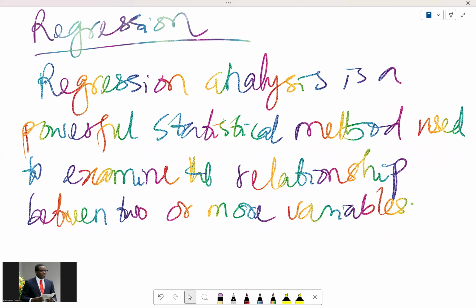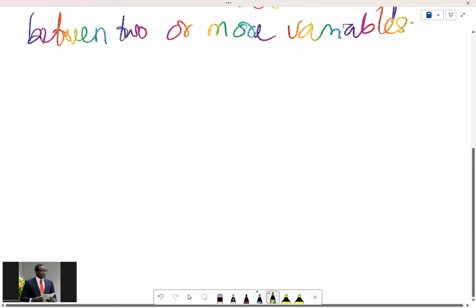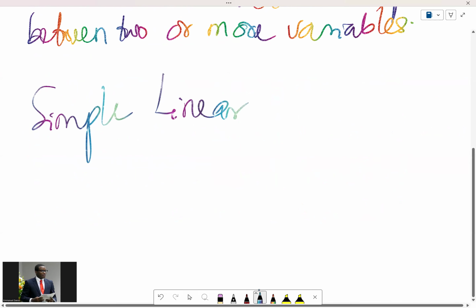So let's go for simple linear regression. Of course, there's simple linear regression, and there's also multiple regression that we're going to see later.